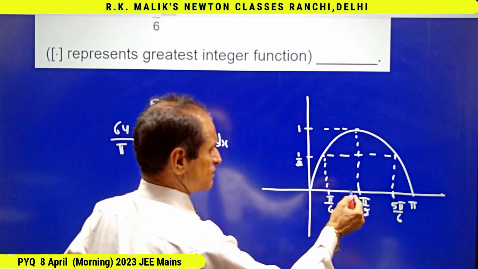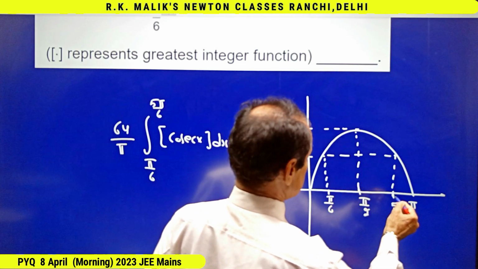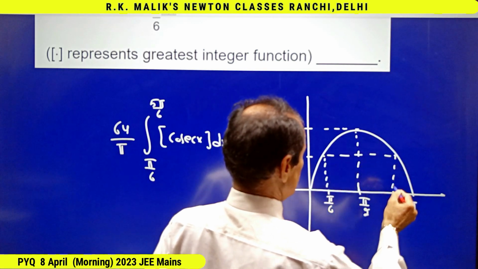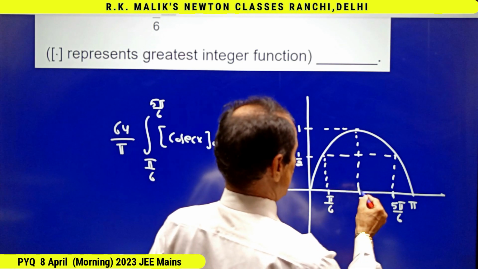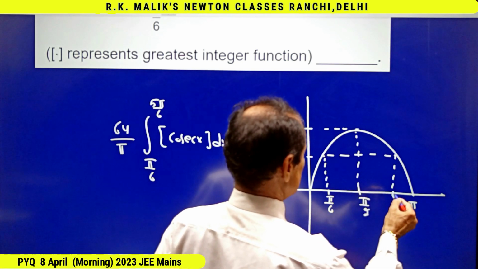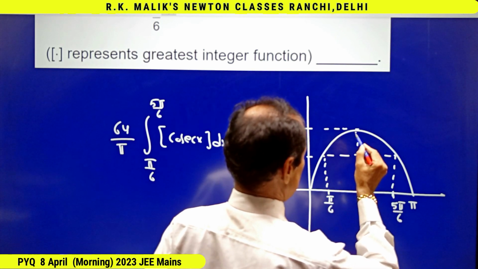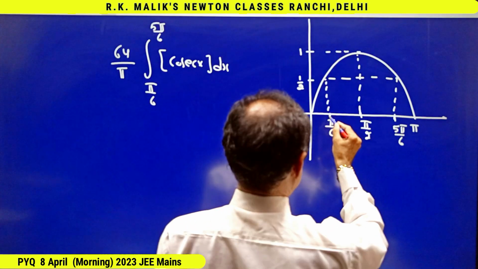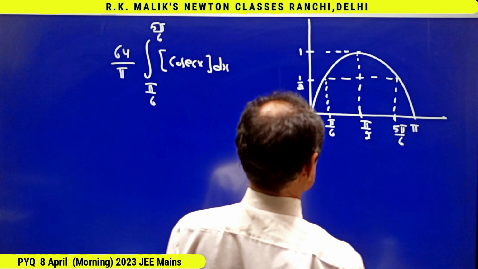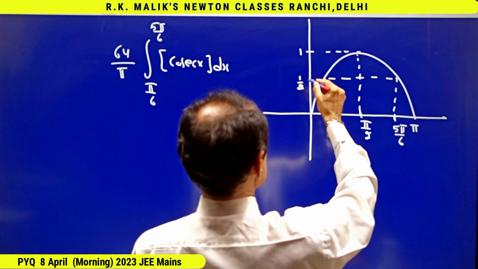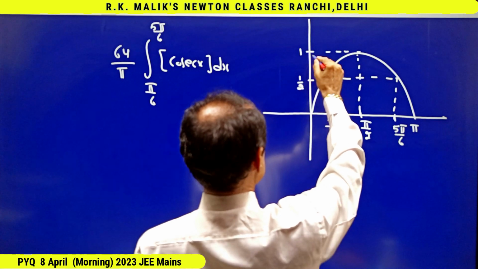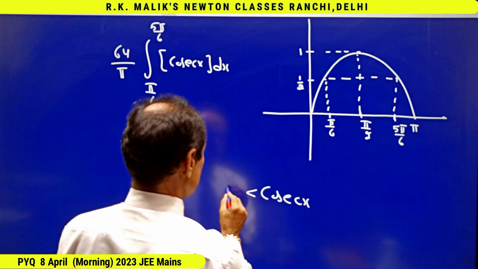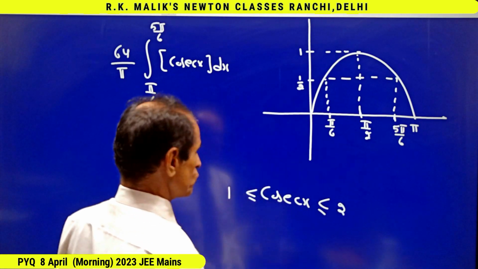Similarly, as x increases from pi by 2 to 5 pi by 6, the value of sin x decreases from 1 to 1 by 2. In other words, the value of cosec x will increase from 1 to 2. So as x increases from pi by 6 to 5 pi by 6, because the value of sin x remains between 1 by 2 and 1, the value of cosec x will remain between 1 and 2.